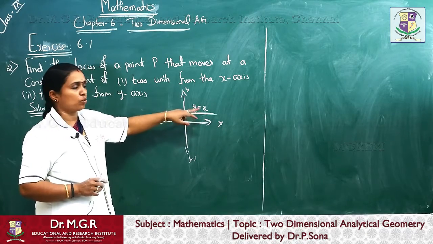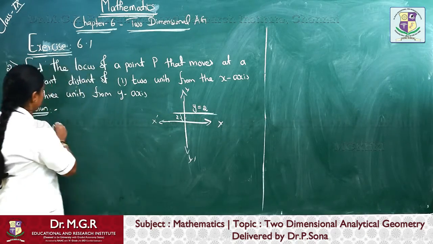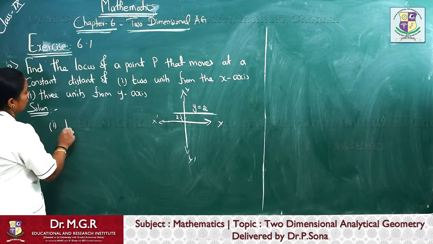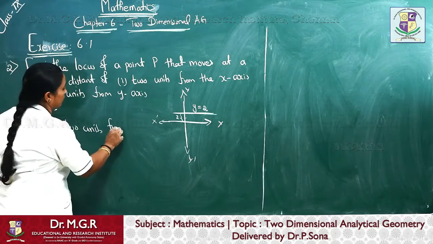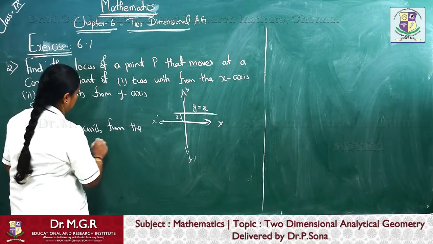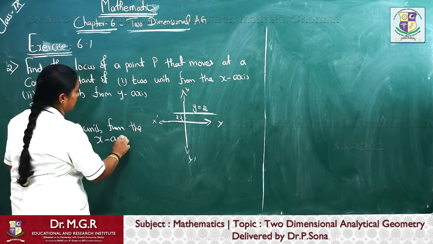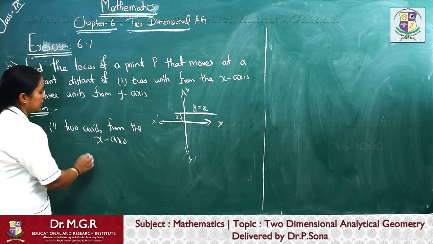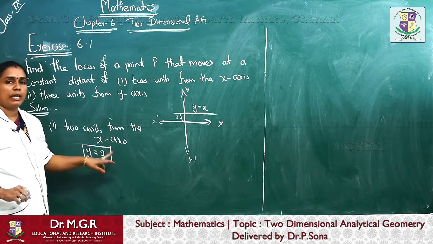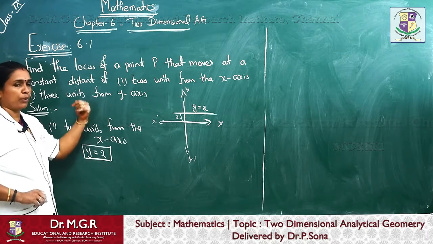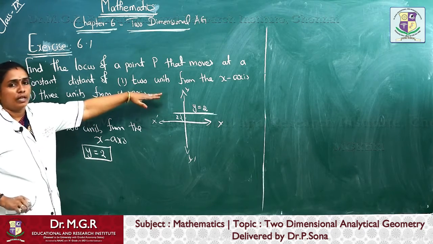That line's equation is y is equal to 2. So for the first subdivision, 2 units from the x-axis is nothing but y is equal to 2, which is the equation of the locus of the point which is 2 units from the x-axis.